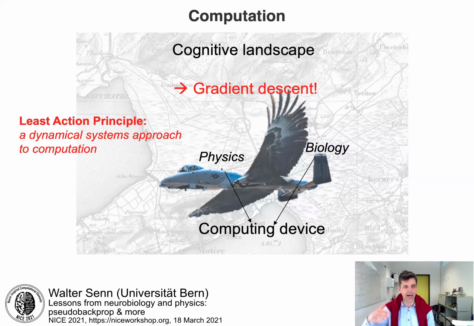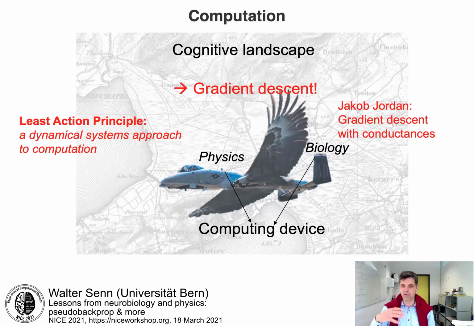We're not the first. On a high level, the least action principle was suggested to, in fact, help us to understand cognition. Here we're going down with this least action principle to really understand neural dynamics and eventually, hopefully, also cognition. And as I was saying, we have other talks that can be embedded into this bigger framework of least action principle.